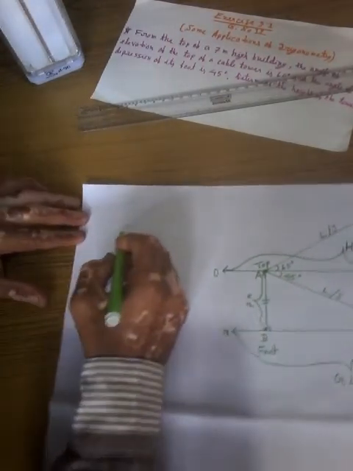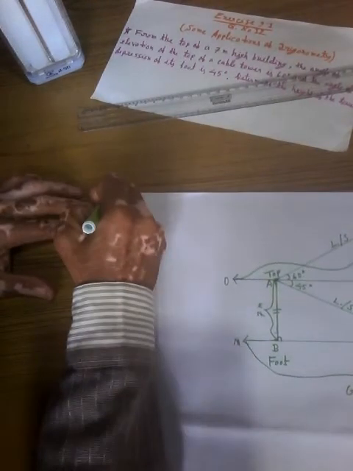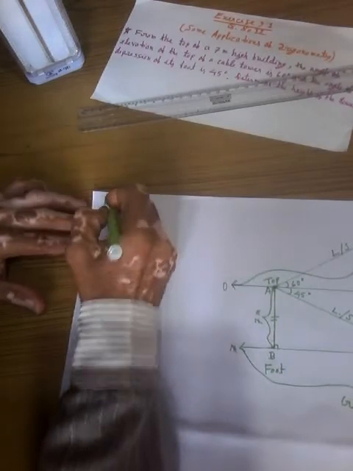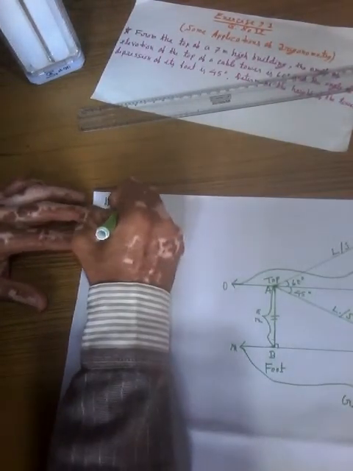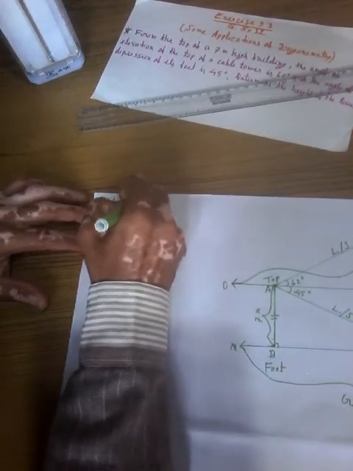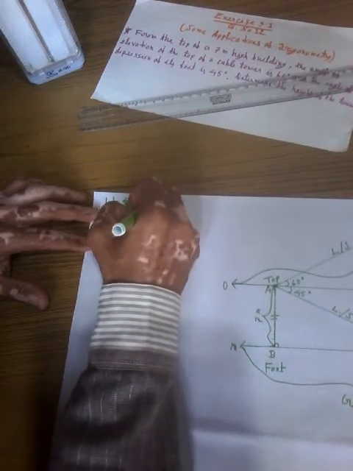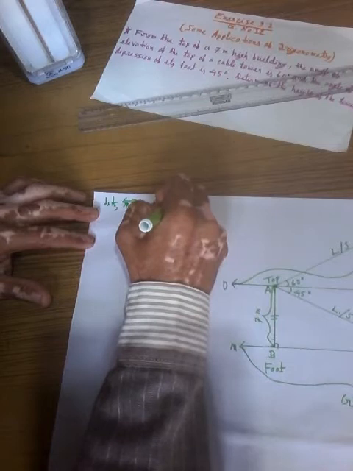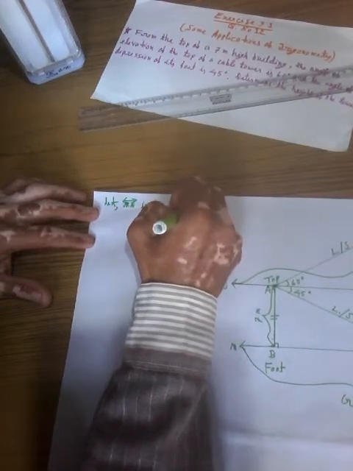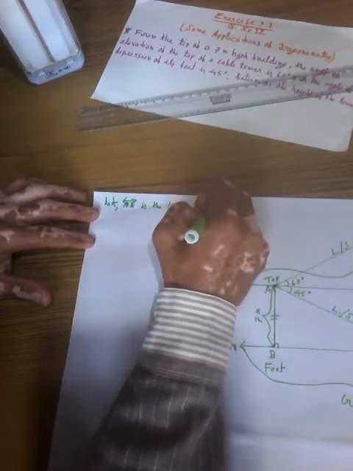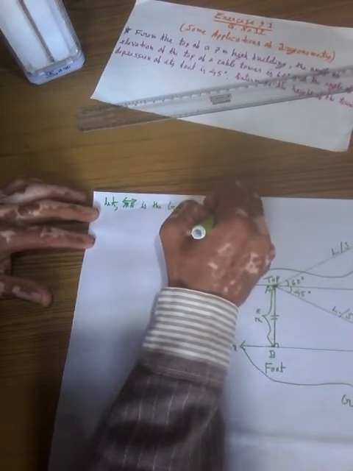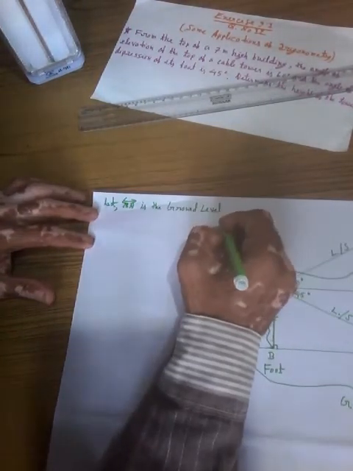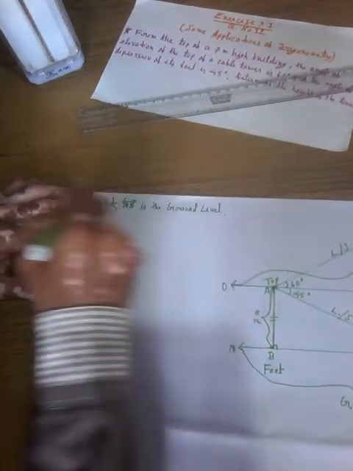Write in this way: let MN be the ground level.